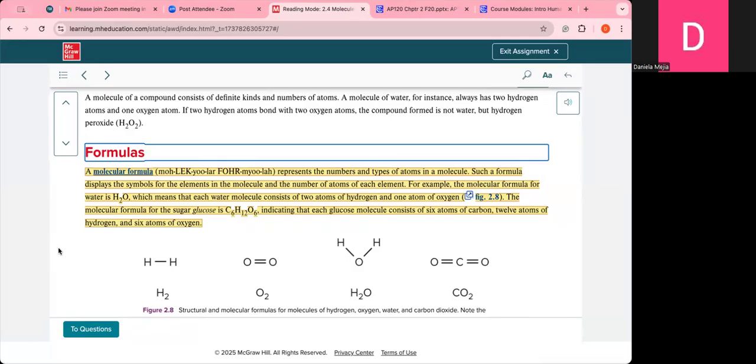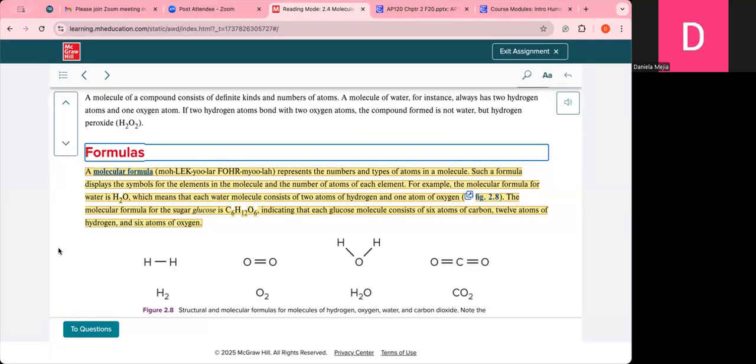Such a formula displays the symbols for the elements in the molecule and the number of atoms of each element. For example, the molecular formula for water is H2O, which means that each water molecule consists of 2 atoms of hydrogen and 1 atom of oxygen.